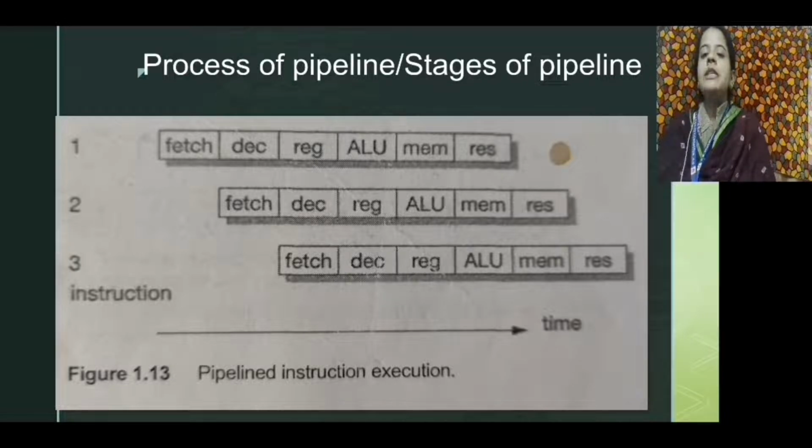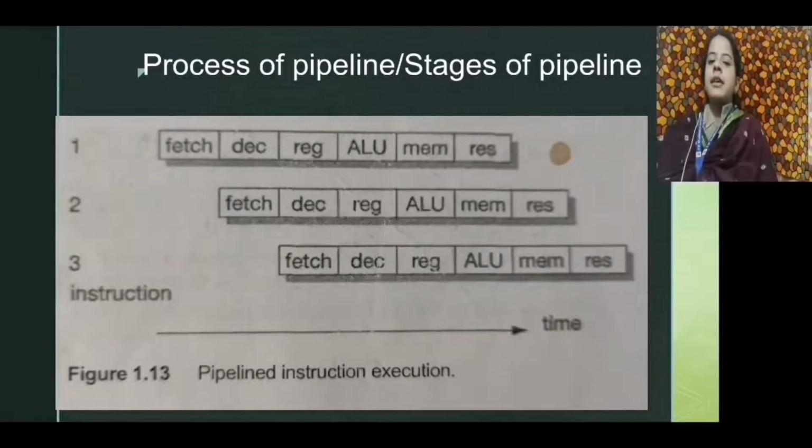So by using these 6 stages, all the individual instructions are executed in an efficient way. Here this figure shows that 3 instructions are executed in parallel. As I already discussed, in pipelining, when multiple jobs are executed, the second job can start its execution before the completion of the first job.